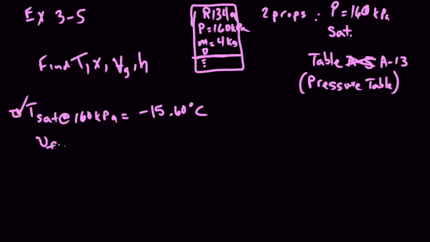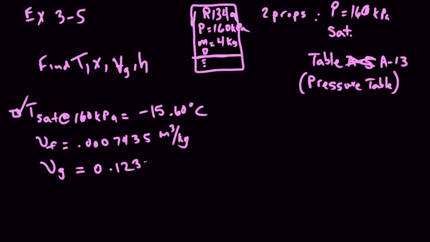So V sub f for this 160 kilopascal table lookup, this is table A13, we find that V sub f is equal to 0.0007435 meters cubed per kilogram. And now we have that V sub g is equal to 0.1235 meters cubed per kilogram.